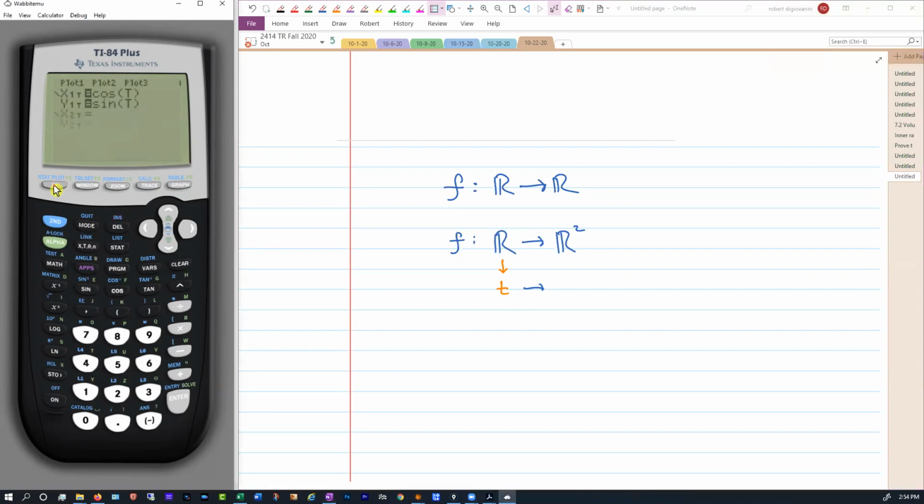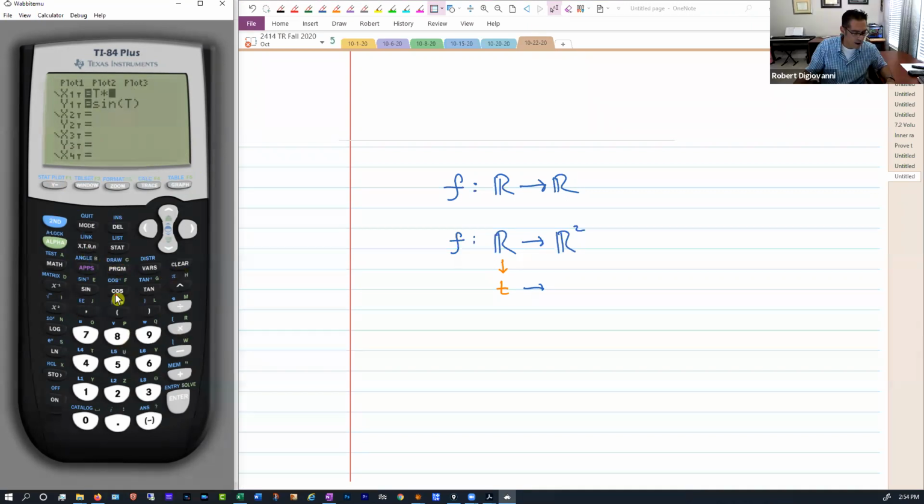You can use your calculator here to figure out your graphs. If you're having trouble with the graphs, you can use it. I'm going to change it. I'm going to go t cosine t. And on the next one, I'm going to go t sine t. And this one is pretty cool. t times sine t.